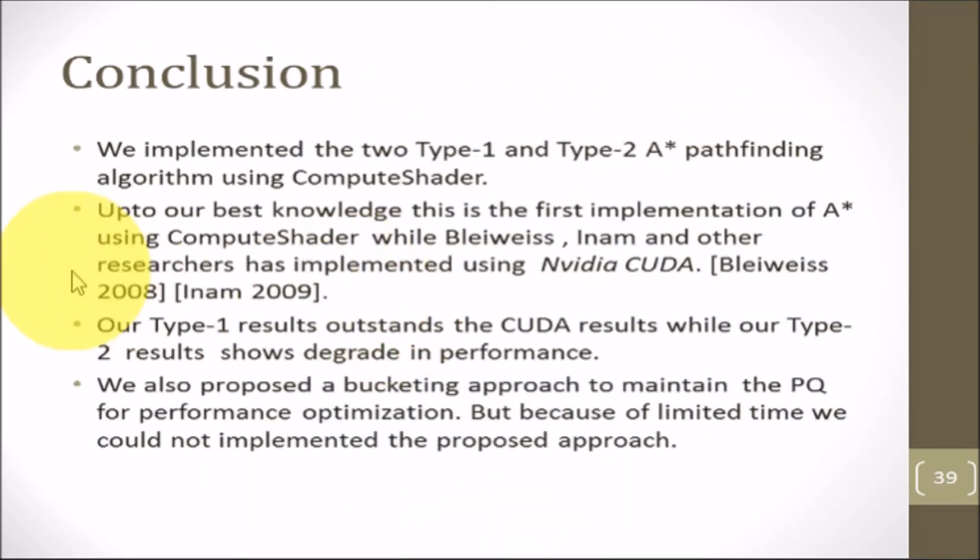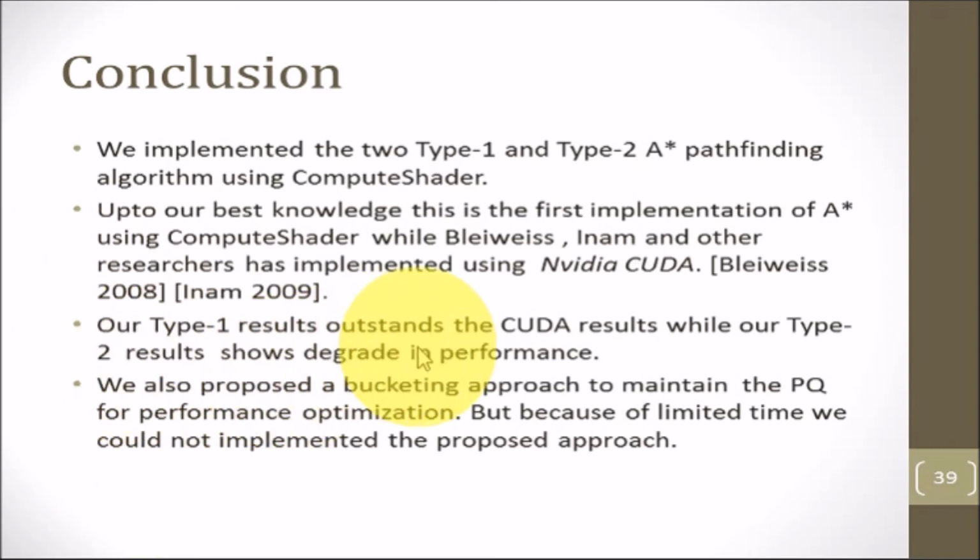So finally we implemented the type 1 and type 2 A star pathfinding algorithms using ComputeShader. To the best of our knowledge, this is the first implementation of A star using ComputeShader, while Blewitt, Inam, and other researchers have implemented it using the NVIDIA CUDA platform.